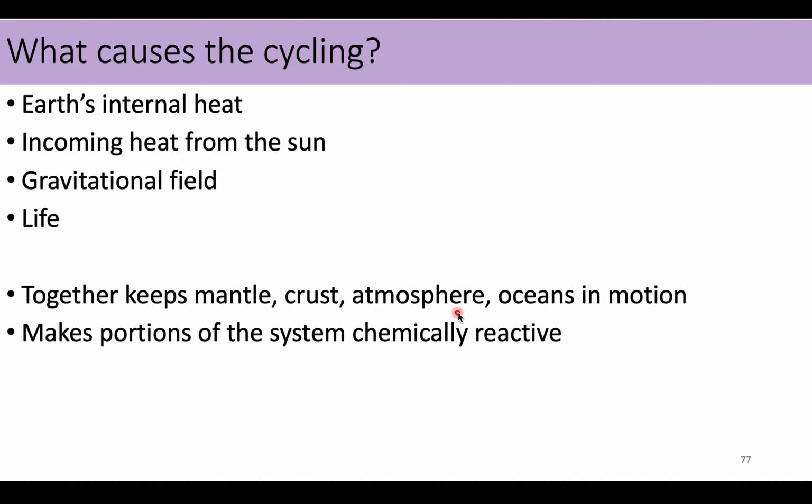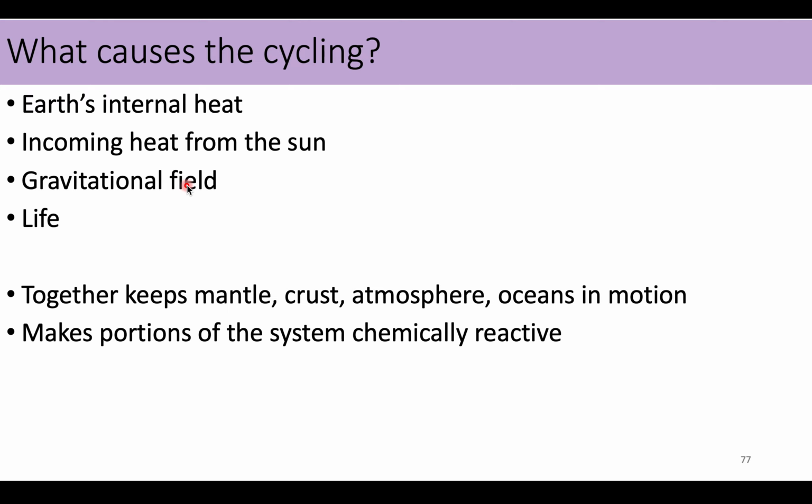So the cycling of our Earth, these four factors really keep our oceans, our crust, our mantle, and our asthenosphere moving and in motion, and also help fuel this cycling by making portions of our system chemically reactive.